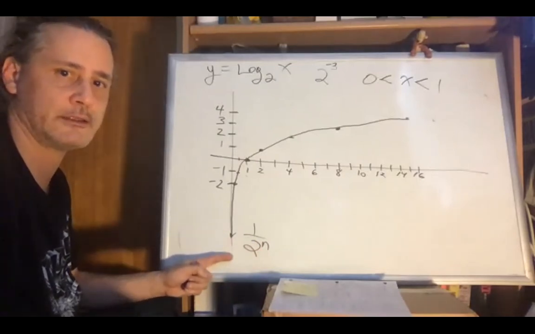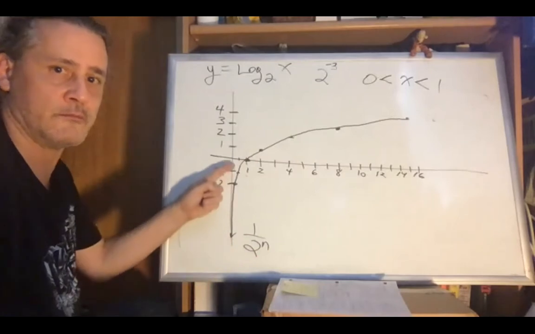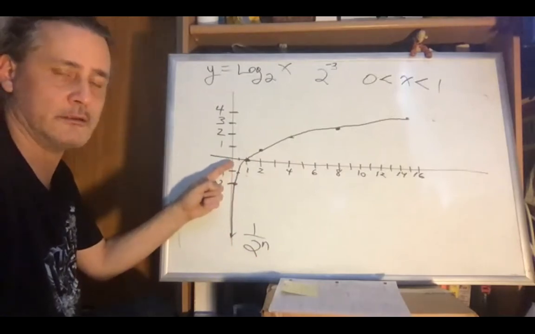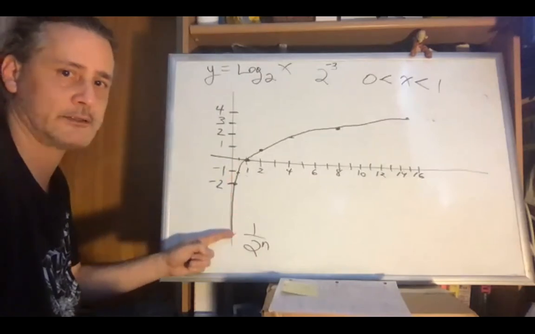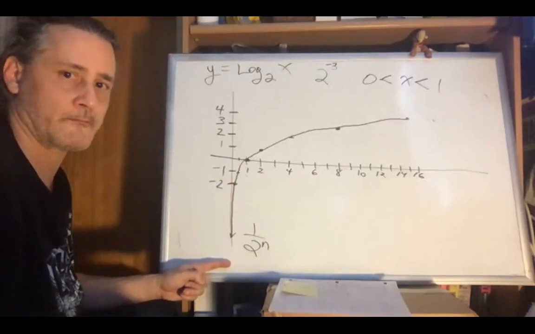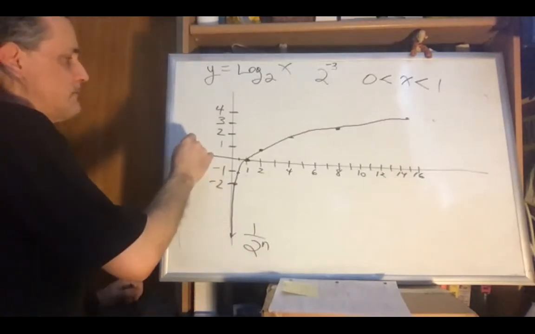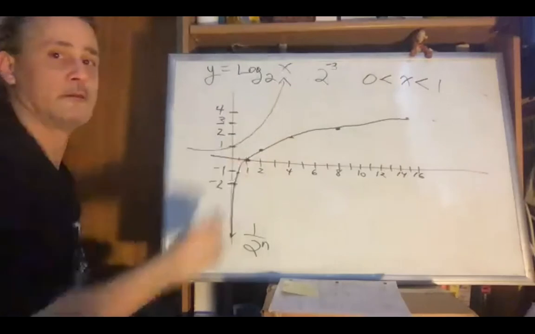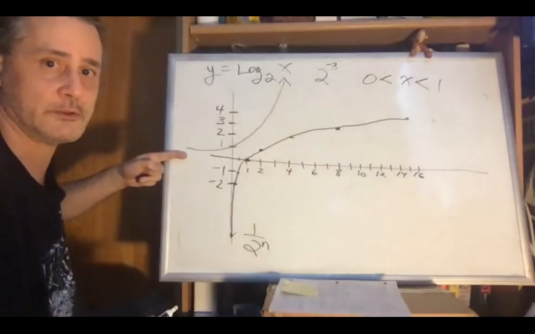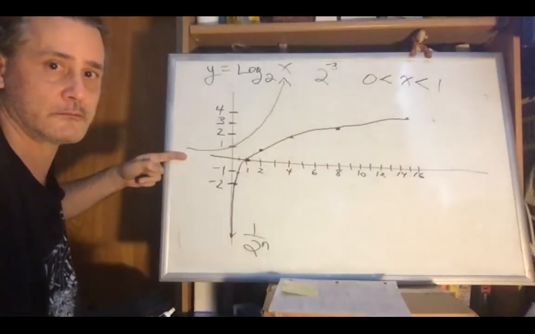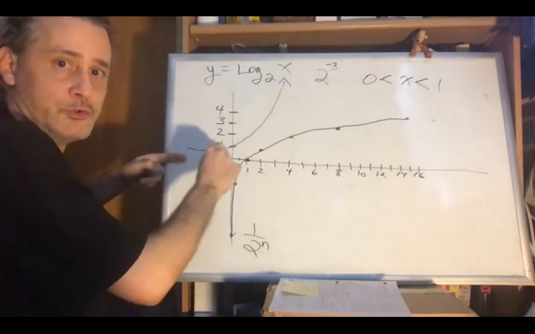Now it's never going to get to 0 because that means you could get a value of 0 by applying an exponent. So this is the vertical asymptote, right? And if you remember the exponential function, which was like this, it was a horizontal asymptote, right? This would have been 2 to the x.